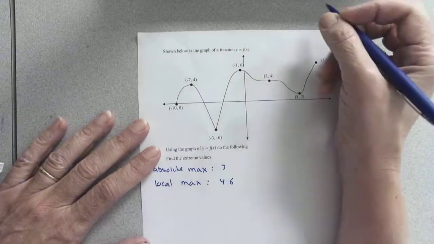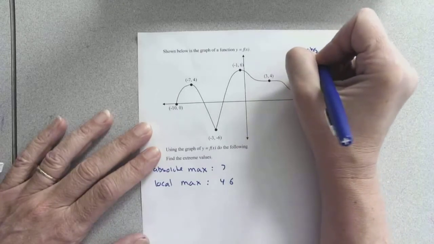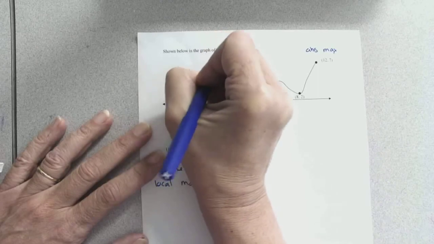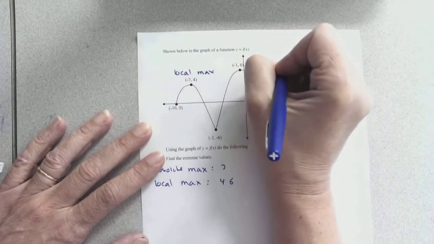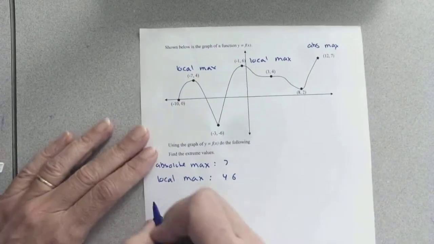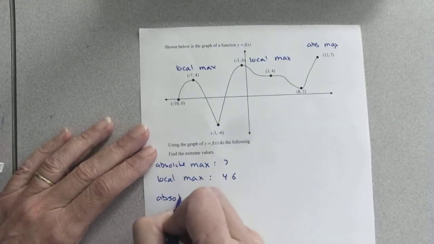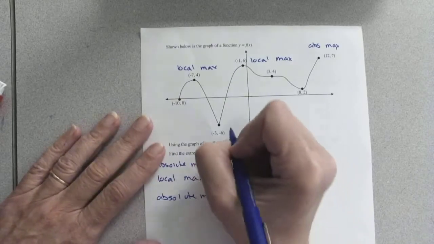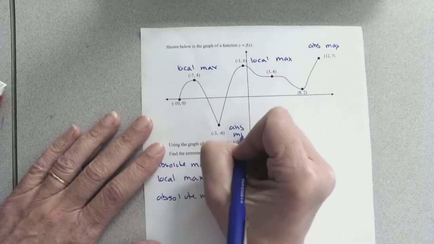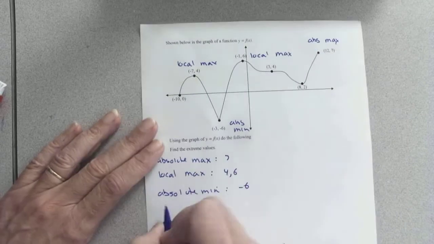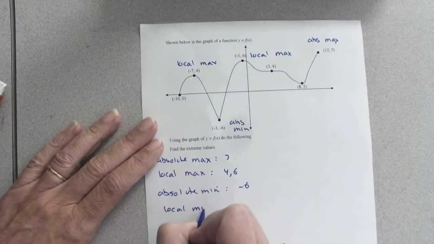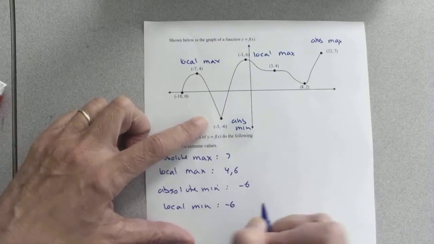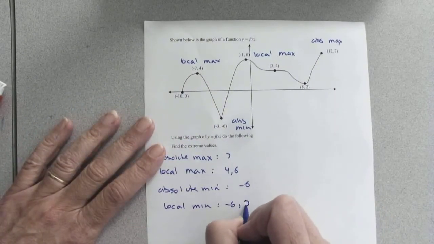So absolute max, local max, local max, absolute min, -6, local min, -6 and 2.